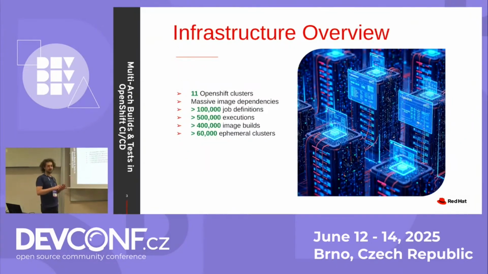I didn't want to put the exact numbers because you don't care, but you care about the quantity, right? And we have around 11 OpenShift clusters, which, one cluster died this week, but when there is death, there is always life. So we're going to bring another cluster up. There is a massive image dependency, and you are going to see about that. So many job definitions.